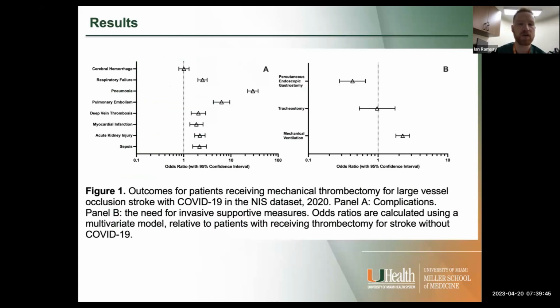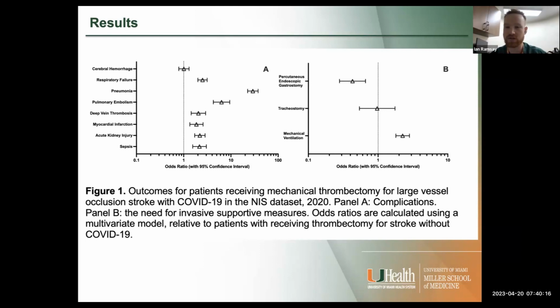And as you can see in this figure, medical complications for these patients were higher with COVID-19 for respiratory failure, pneumonia, PE, DVT, MI, and the like, but the rate of subsequent cerebral hemorrhage was insignificant, and there's insufficient data, but also iatrogenic stroke was lower as well. I'm sorry, it was insignificantly different.